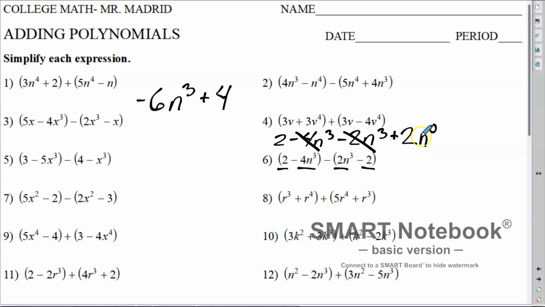This is pretty special, so I'll put a star. If you can make a note of that in your notebooks, that's pretty cool. So technically this guy also has an n to the 0, but anything to the 0 is 1, so nothing changes. It's just really cool information.